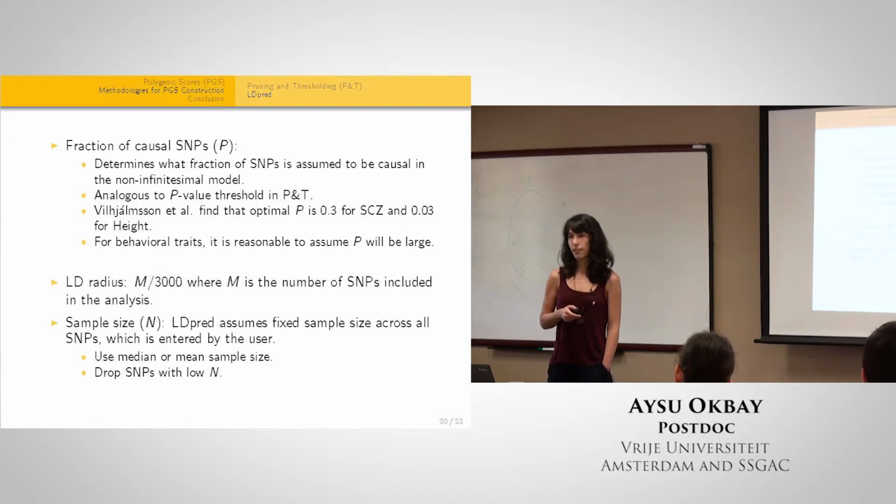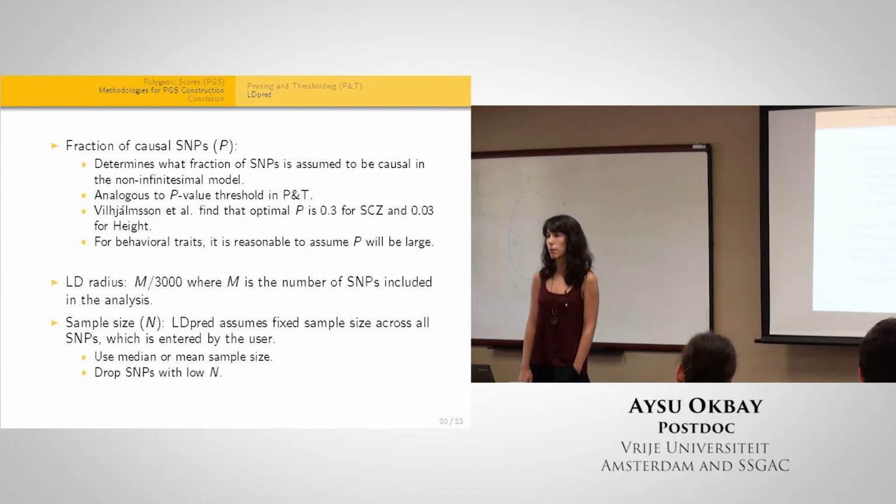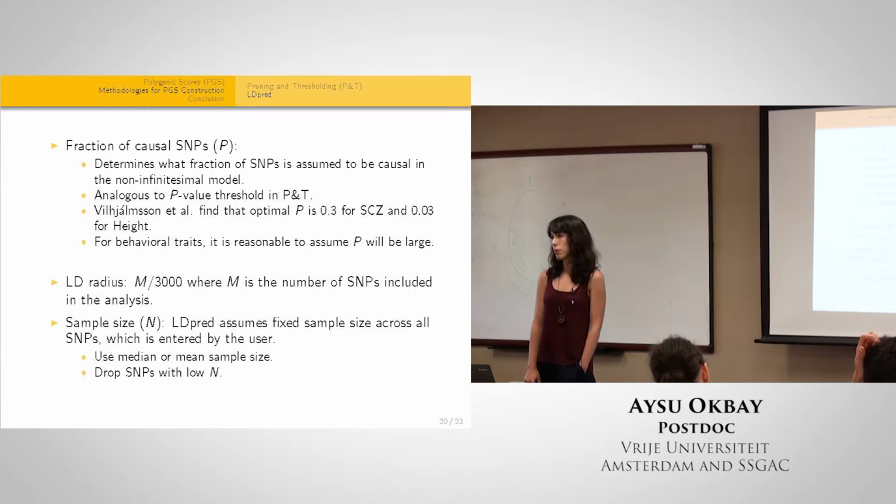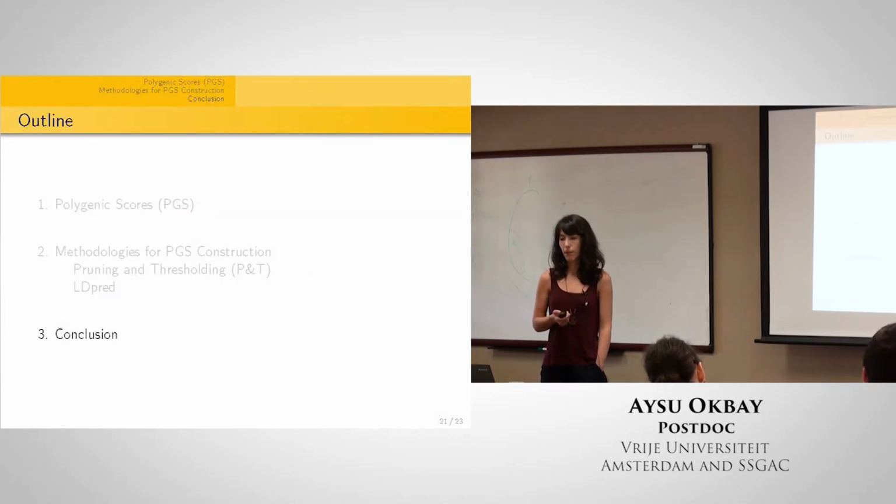You don't enter the sample size per SNP. I mean, LDpred doesn't use sample size per SNP. So it would be nice if you drop SNPs with very low sample size, because it's going to assume that you have the same sample size for those SNPs too, and then there are going to be errors. You could use the median or the mean sample size for that.